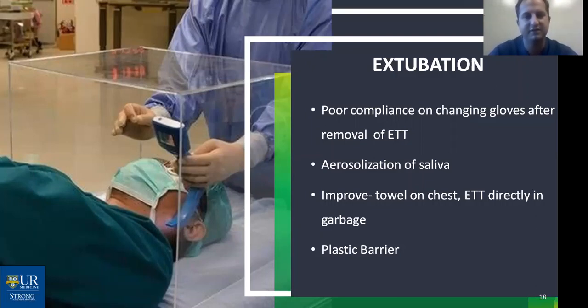What that does is protect us and the anesthesia workstation, and ideally it will catch any aerosolization of saliva or anything that the patient is potentially coughing out. And this was a reaction to coronavirus, in ways to reduce the transmission.